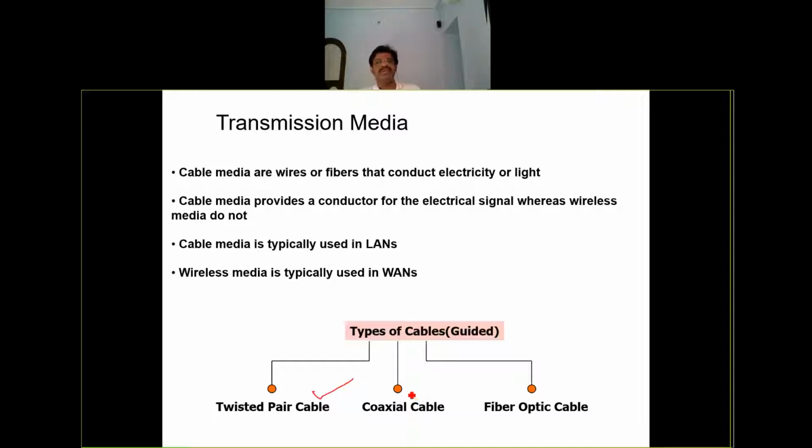Coaxial cable was utilized previously, but if the distance between the various networking devices, such as the switch in our department and the data center, exceeds 100 meters, instead of a copper or conductive cable, we are utilizing fiber optic cable, because the losses associated with optical fiber cable are very, very much less. So if the distance is less than 100 meters, we are utilizing twisted pair cable. If the distance is more than 100 meters, we are utilizing optical fiber cable.